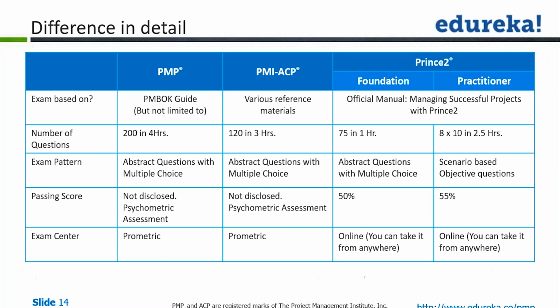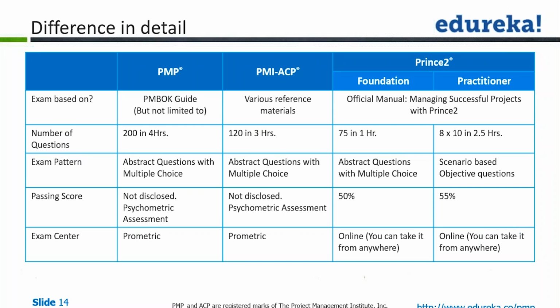For the PMP exam, you need to go to a Prometric Center to take the examination. So do the PMI-ACP. For foundation and practitioner, you need not travel anywhere. You will be able to take this exam online from anywhere in the world. When you enroll for the course and complete the training, Edureka is going to give you a voucher.